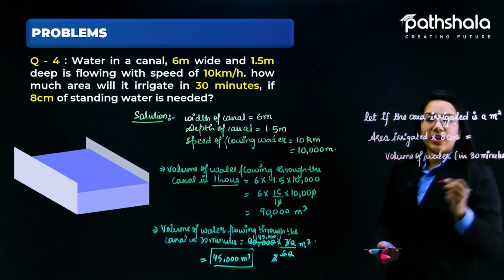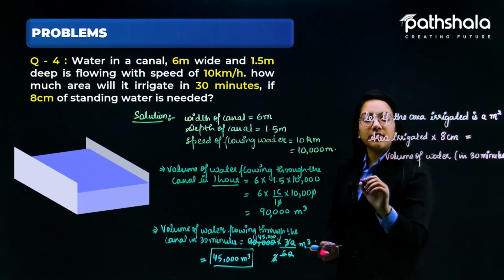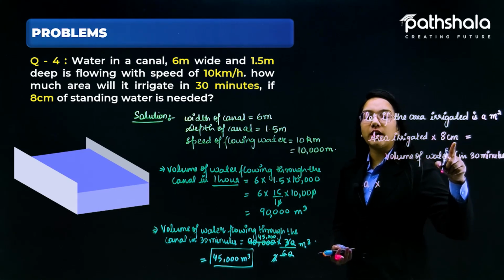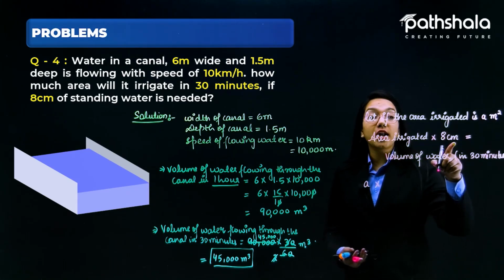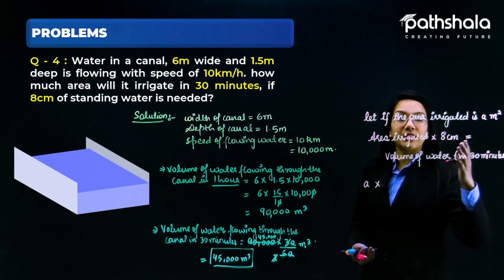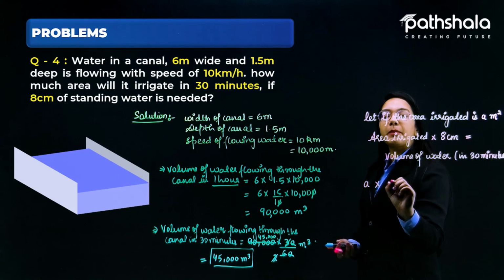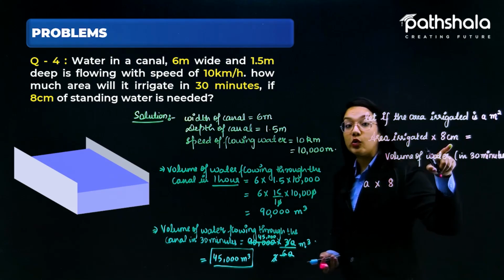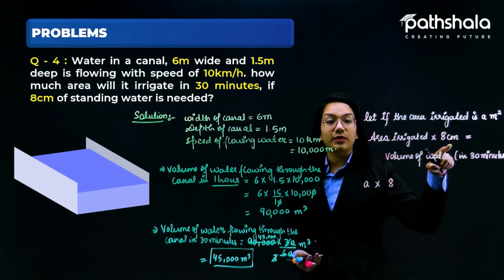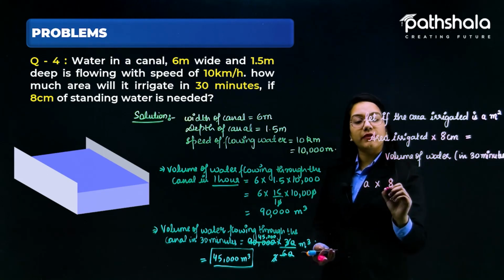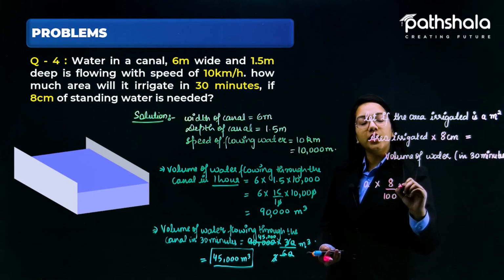Let's sort it out. Area irrigated is A into 8 centimeters, so we have to convert 8 centimeters into meters. We know that 1 meter is equal to 100 centimeters, so 8 centimeters is 8 by 100 meters.